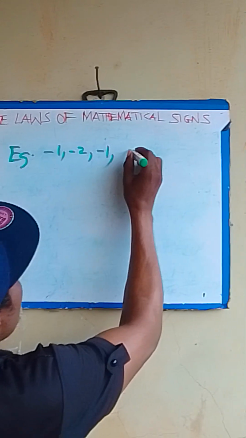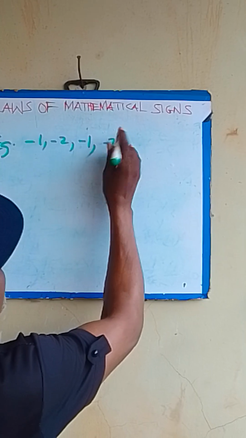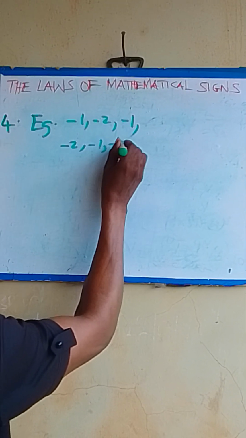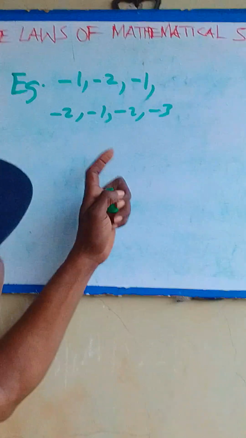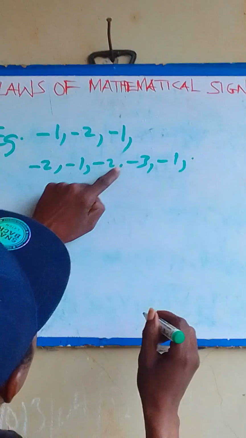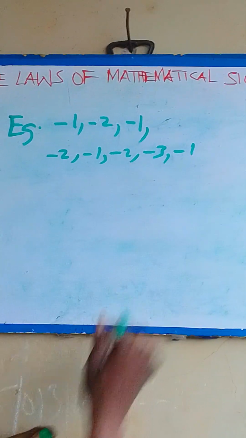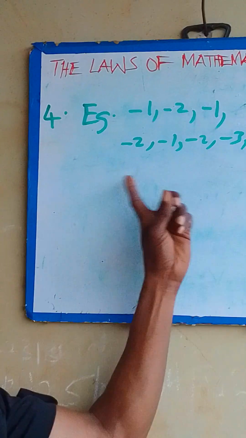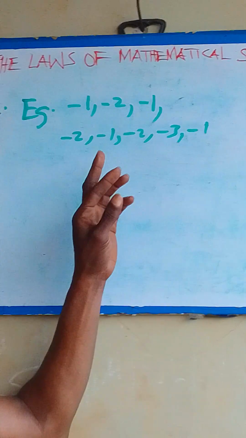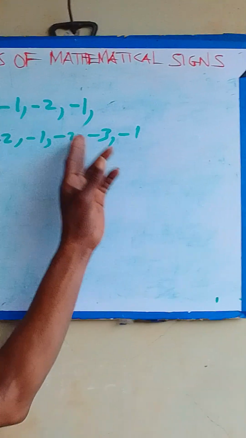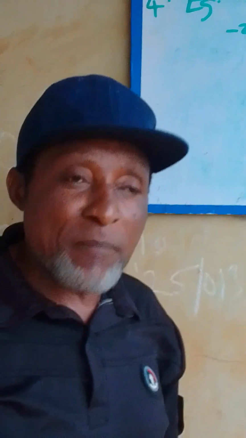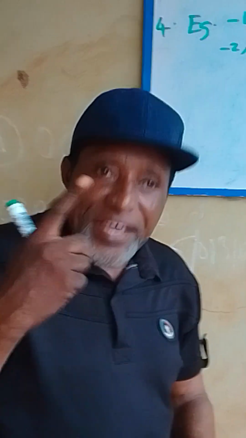Another example of odd form, we have minus 2, minus 1, minus 2, minus 3, minus 1, 1, 2, 3, 4, 5. This is also another odd negative sequence, arranged in an odd order. So in such a situation, when negative numbers like this are multiplied, arranged in an odd order, the result will be negative.